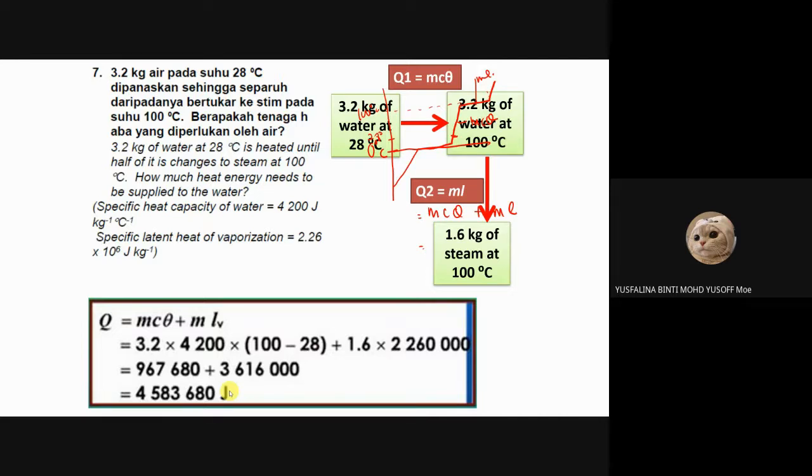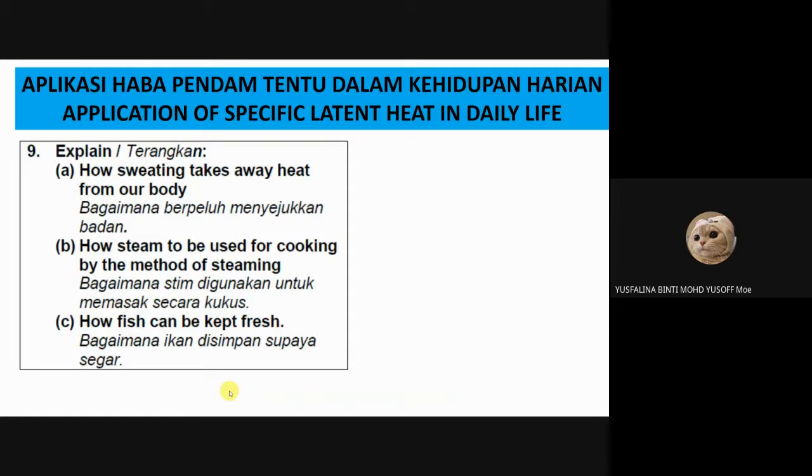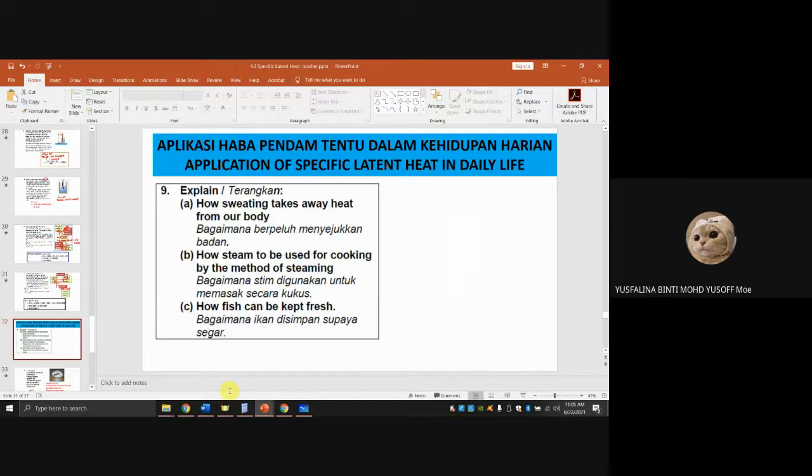I think you already know. Okay, so we finish the specific latent heat. Can I ask again: what is the meaning of specific latent heat? Let's say I ask, what is the meaning of the specific latent heat of vaporization?